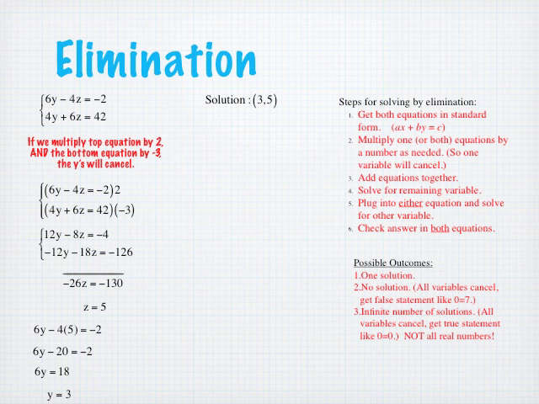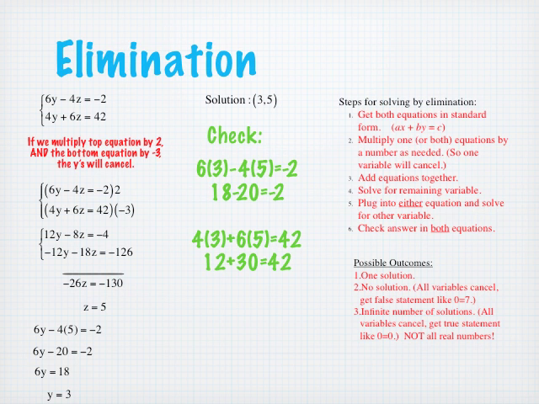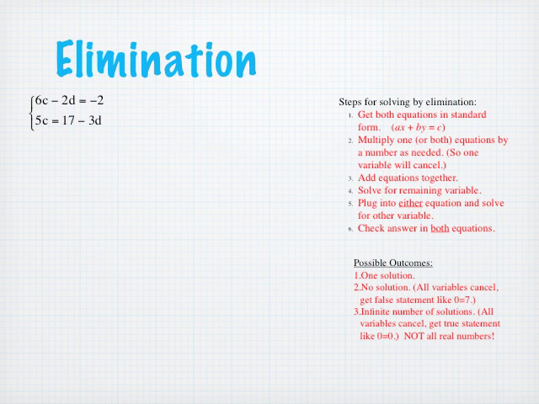To check my answer, plug it in my original equations, the ones that are typed in the homework or typed in the book. And the first one works, and the second one works. So my answer checks. All right, let's do one more problem. We have 6c minus 2d equals negative 2, and 5c equals 17 minus 3d.